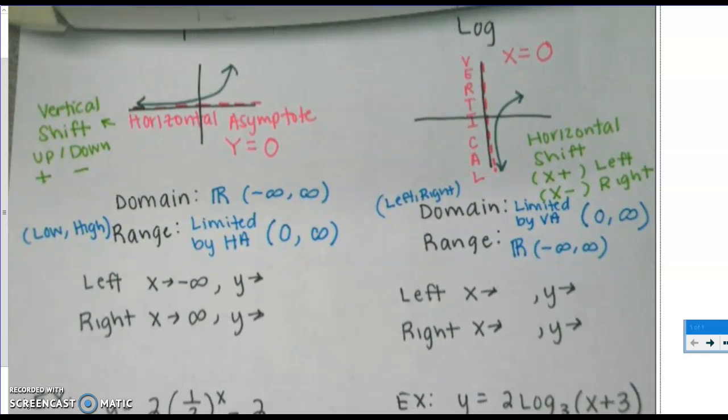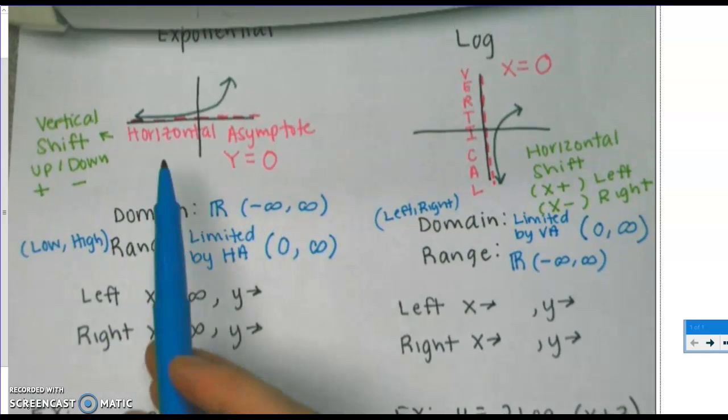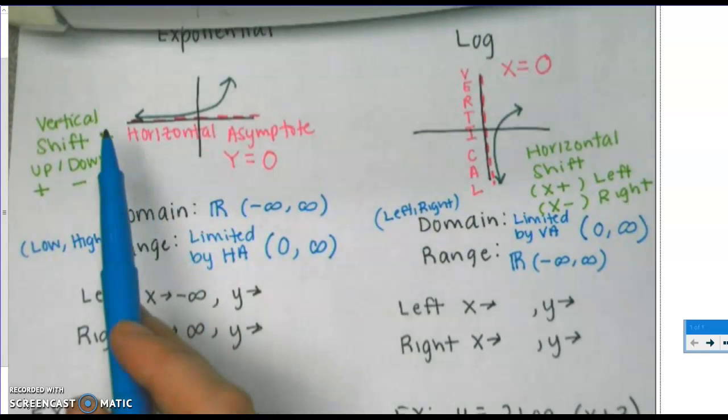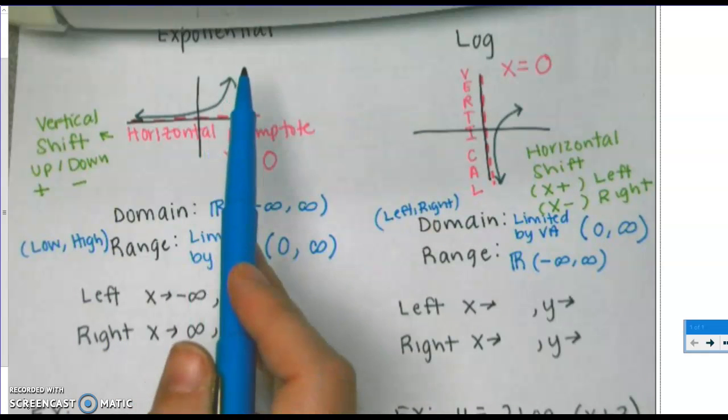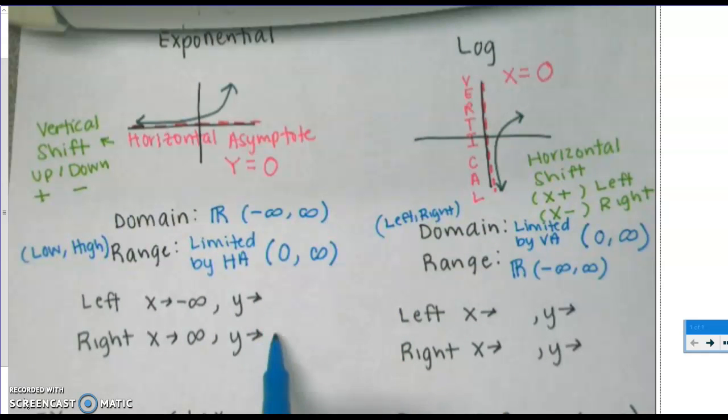All right, you also need to be able to find the end behavior, which again, we've done, so it should start coming back to us. With exponential, you should always have a left arrow behavior and a right arrow behavior because you have an arrow pointing to the left and an arrow that will continue to the right. One of these is always going to be a number because one of your sides should always be going flat up against that asymptote.